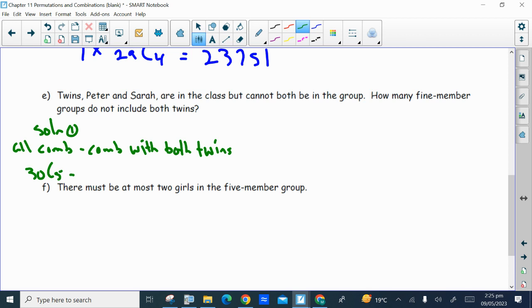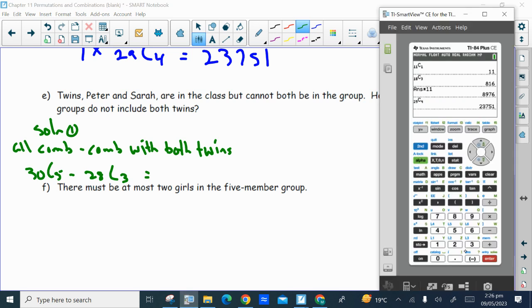Minus the combinations with both twins. So again, that's the only restriction. If you have both twins, there's only one way that can occur, but that takes 2 of the 5 spots. So the other 3 spots have to come from the remaining 28. It's a class of 30 to begin with, and the other 3 have to come from the remaining 28.